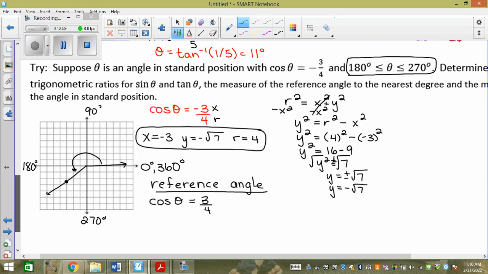Now instead of tan inverse, what am I going to have to do? Oh my goodness, my speaking is not working. Yeah, cos inverse. Could you have just taken the tan ratio if you really want to keep sticking with tan ratio? Sure. Cos inverse of 3/4. Everyone trying it out?